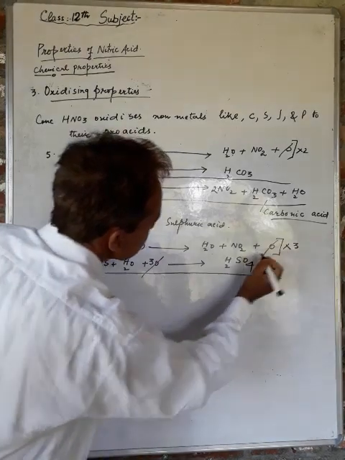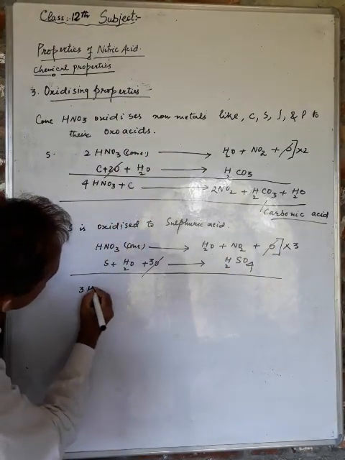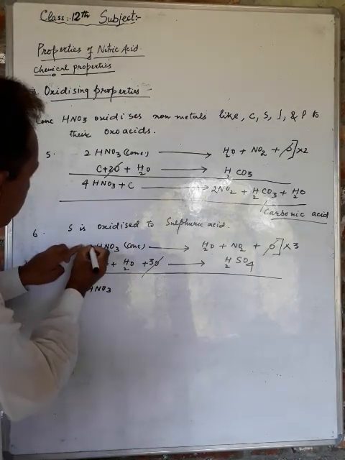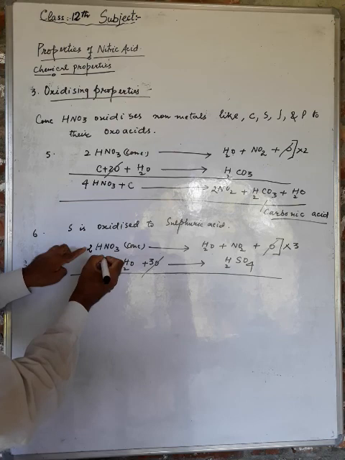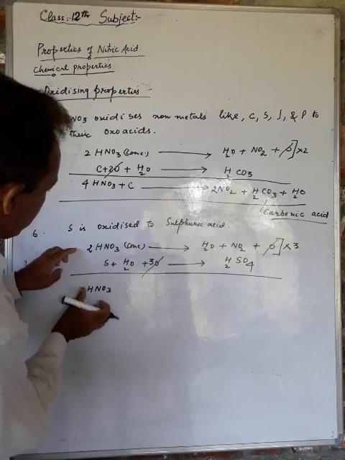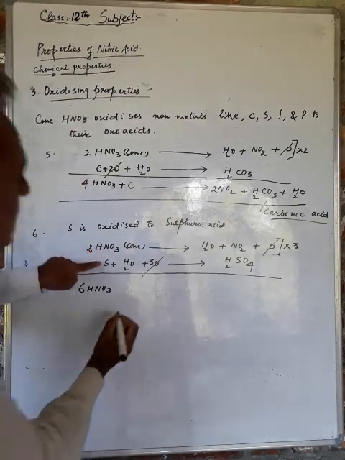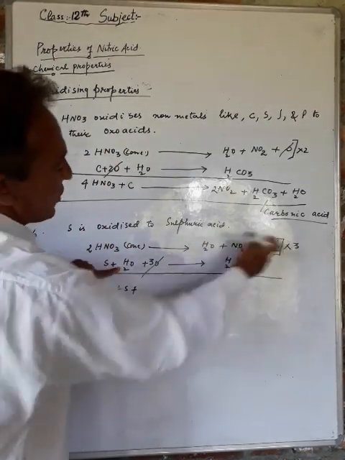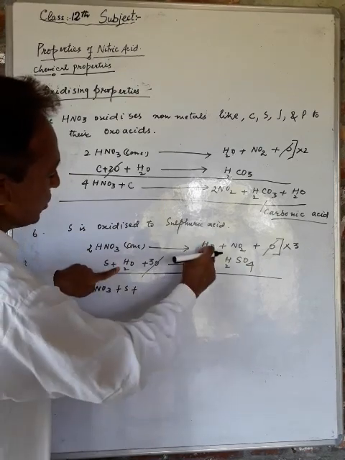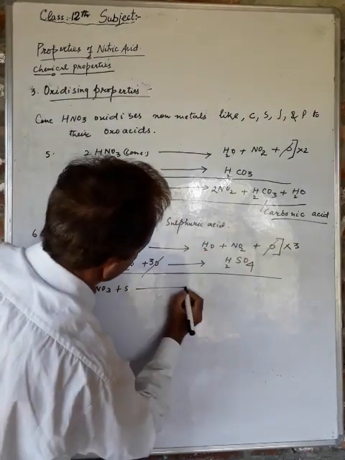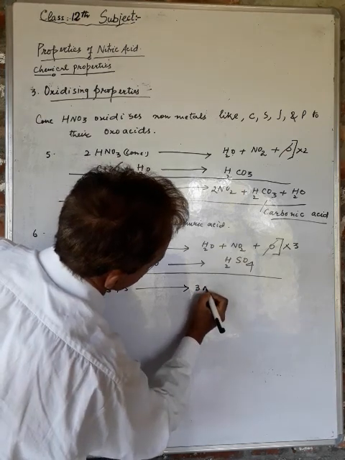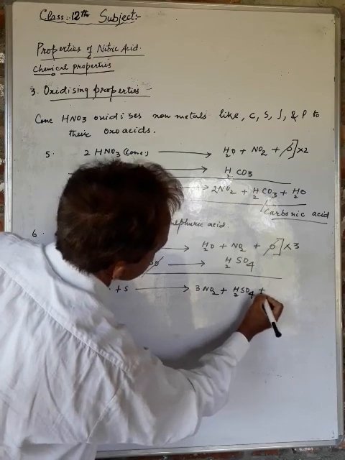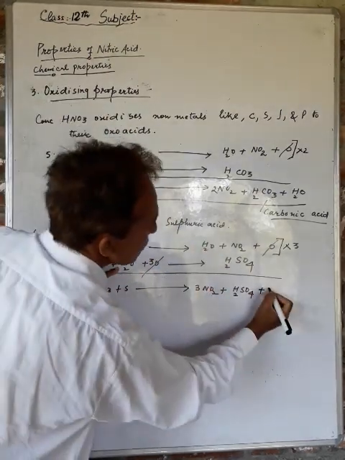We already have the balance, it is twice, so 3 into 2, 6 times HNO3 plus S plus water. Here it is 1 time, here it is 3 times, 8 and 8 cancel, here 2 times will remain, so it gives thrice NO2 plus H2SO4 plus 2 times water.